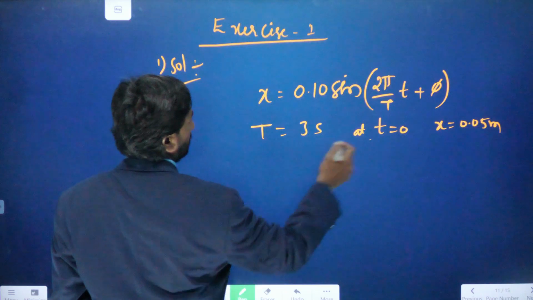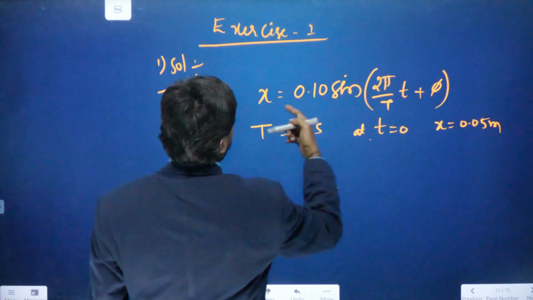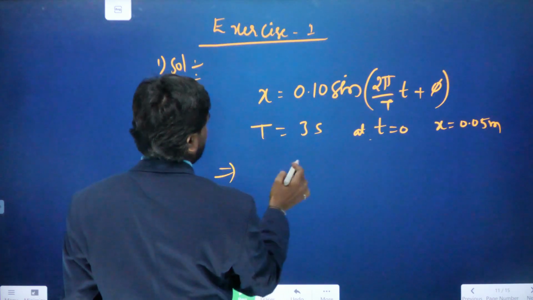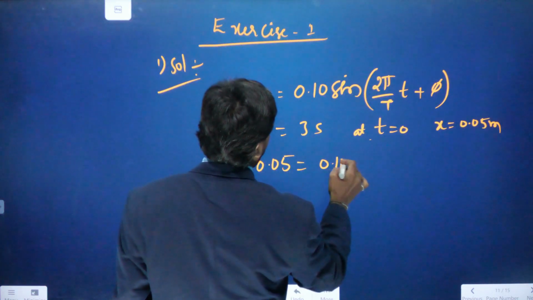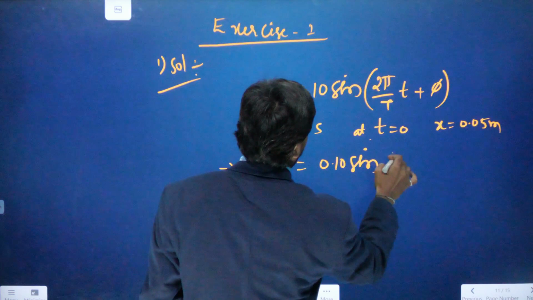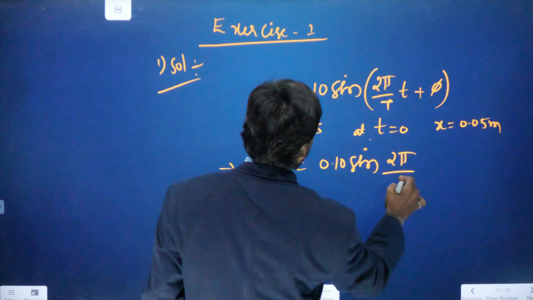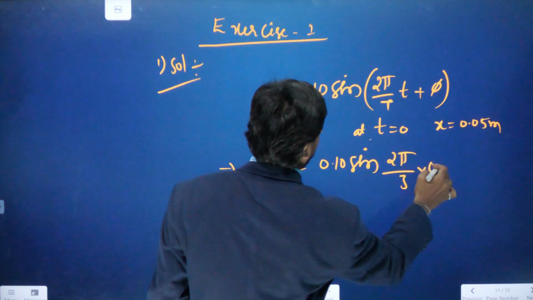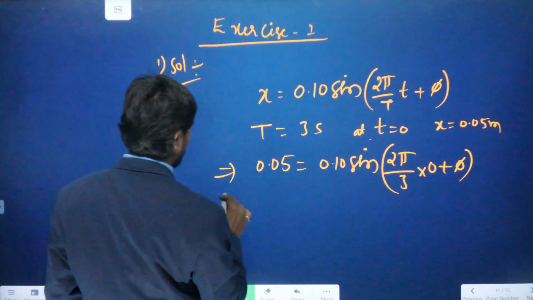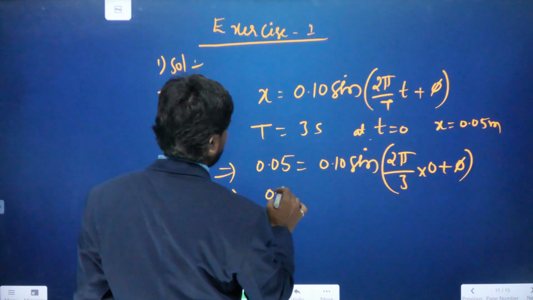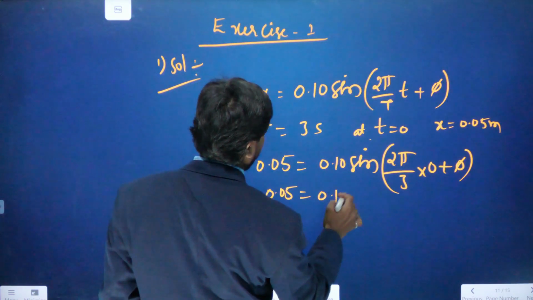If you substitute there, we write 0.05 equals 0.10 sine of 2 pi by 3, where t is 0, plus pi. So what will happen here: 0.05 is 0.1 times something.